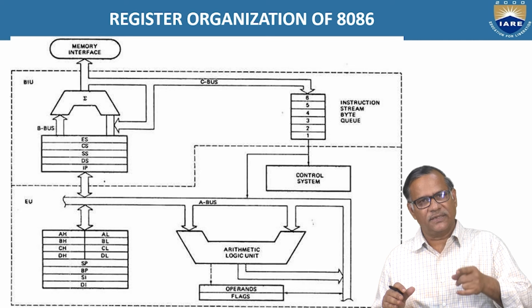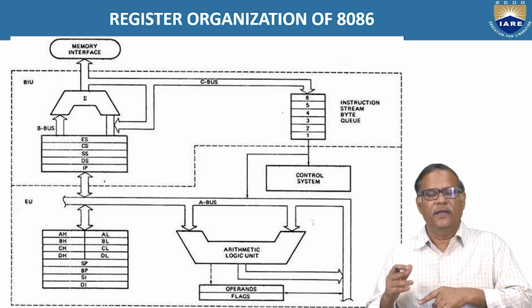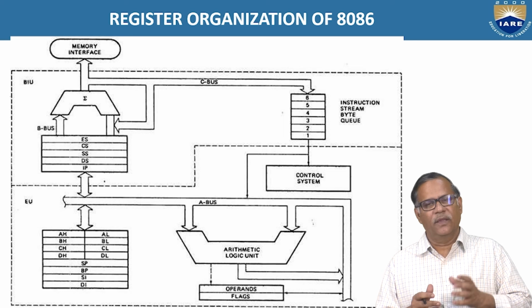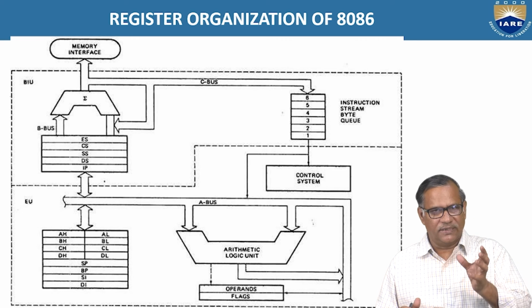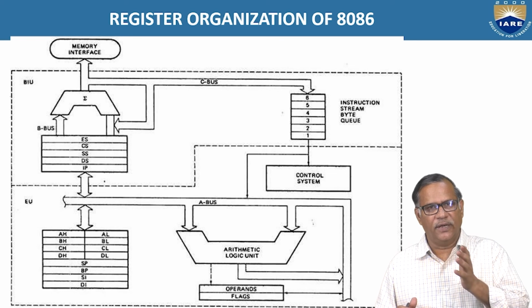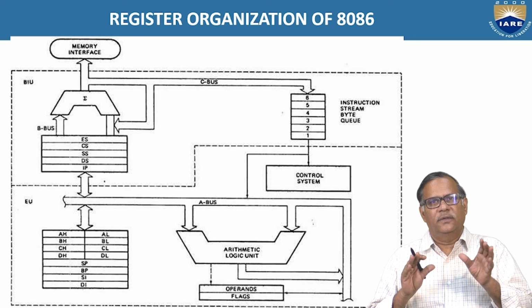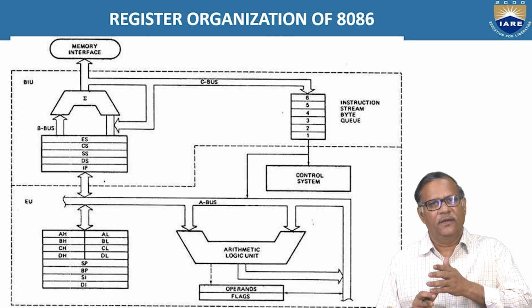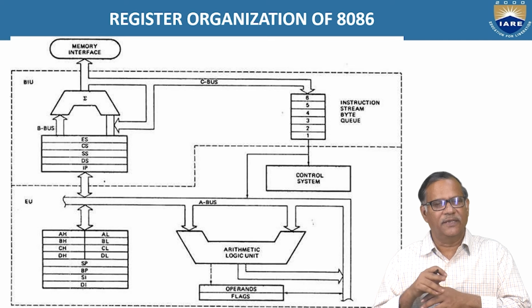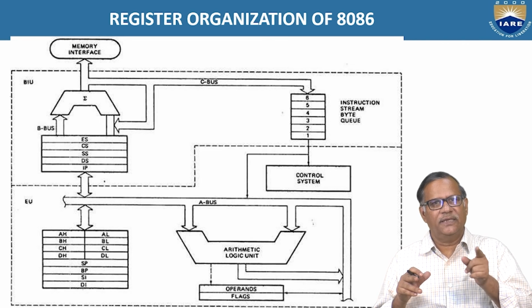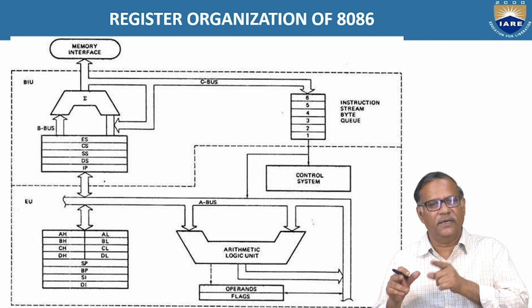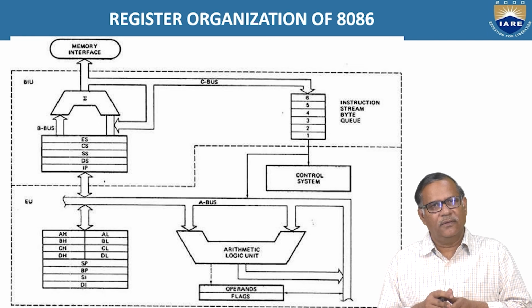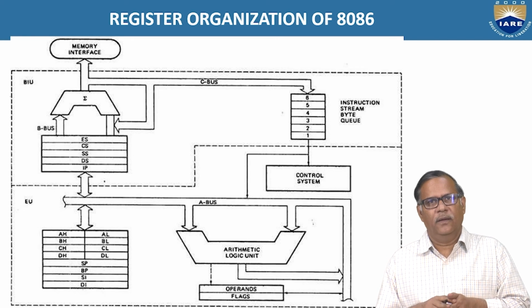Only after the first instruction is fetched, decoded and executed, then only the second instruction is fetched in earlier processors. So the CPU, which has 3 blocks for fetching, decoding and executing, they are not effectively utilized. That means when the first instruction is getting fetched, decoded and executed, 2 blocks are idling.